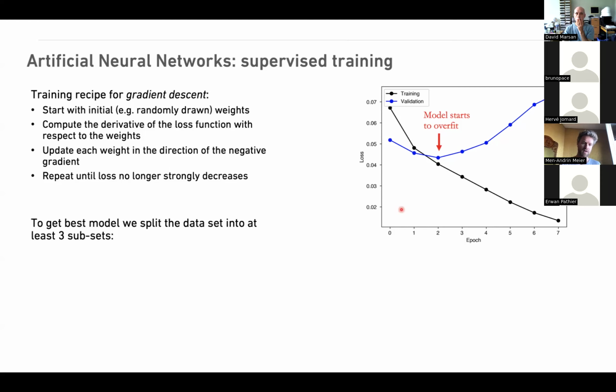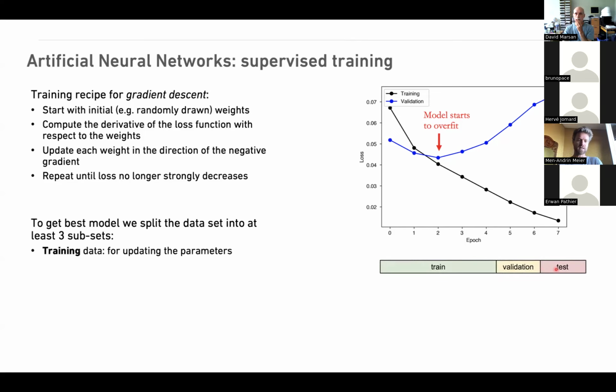To do this, we need to split the data set into at least 3 subsets: a training data set, a validation, and a test data set. We use the largest part of the data usually as training for updating the parameters in this iterative way that I described earlier. Then we use the same model on a data set that has not yet been used, and that's the validation set.